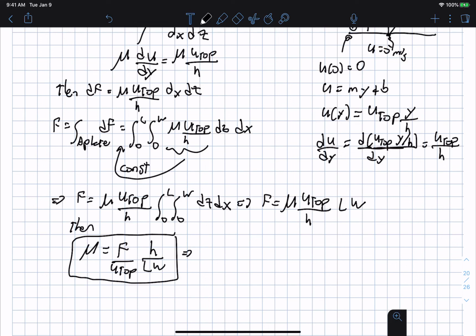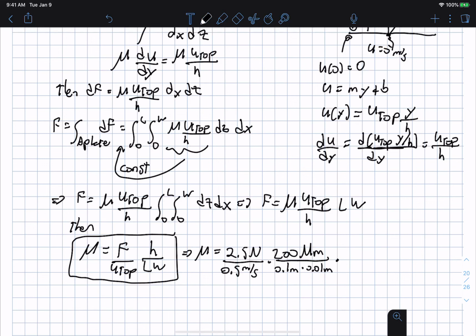Okay, and so now we're going to stick in our numbers. So mu, the dynamic viscosity, is equal to F, which is 2.5 newtons, divided by the top plate velocity, 0.5 meters per second, times the gap width, which is 200 micrometers, divided by the plate length and width, 0.1 meters times 0.01 meters. It's just 10 centimeters and 1 centimeter.